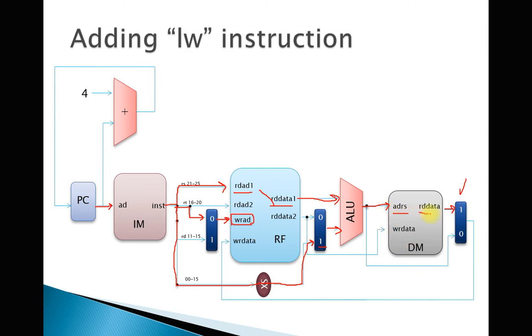We read the data from that address, and on this multiplexer we select 1 and pass that data on to RF. The data has arrived. We can write this data to this address, and of course we have to increment the program counter as well. So this is the data path for load word.